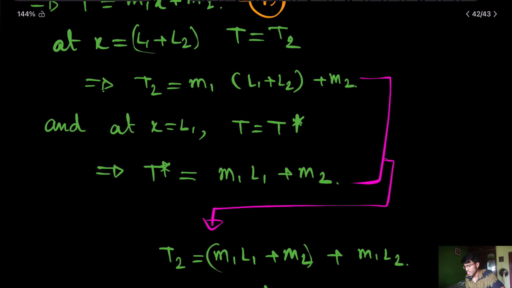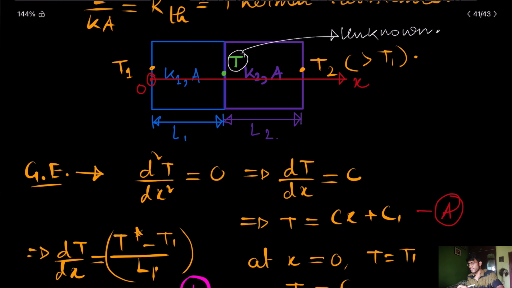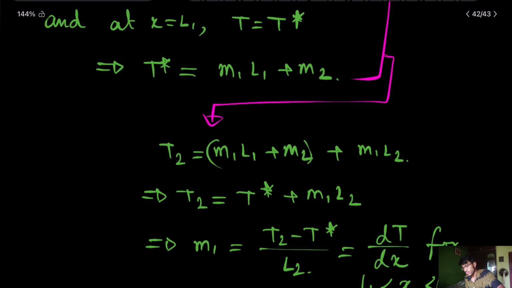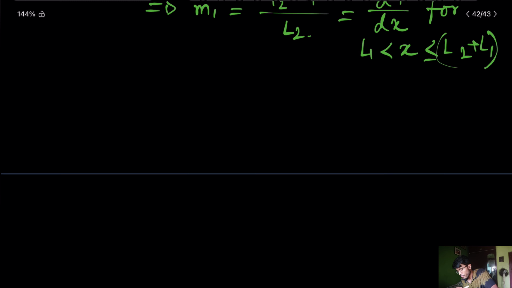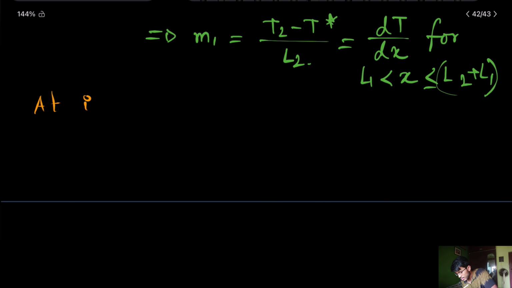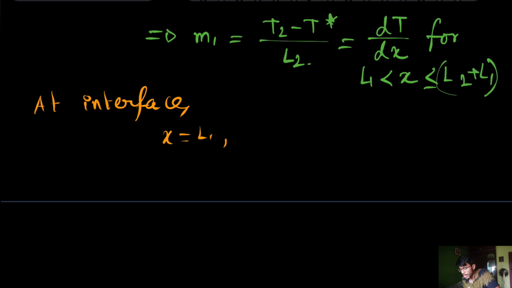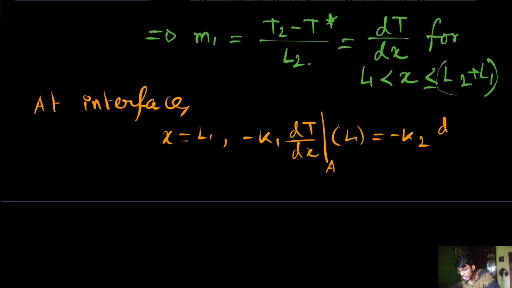Now you see that if I have to write the heat flux at the interface, that is at x equal to L1, I have minus k1 dT/dx for block A at x equal to L1 is equal to minus k2 dT/dx.